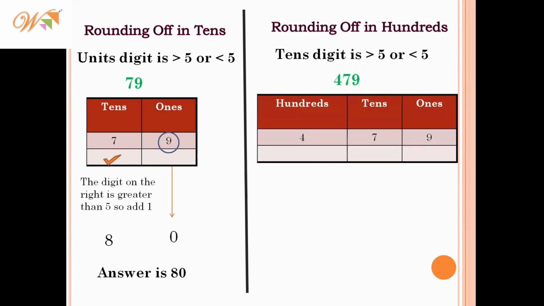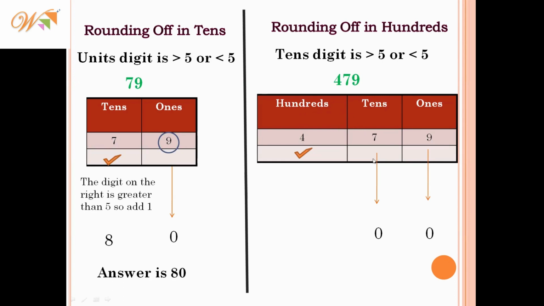So for example, we have 479. Let's put it in the place value chart. 479 will be written like this. So the number that has to be focused is 4, because that's at the hundreds place. So this number will change or will not change. Okay, so first we'll make all the digits on the right of it 0. Right, now to see if 4 will remain 4 or 4 will increase by 1, we will look at the digit on the right of it.